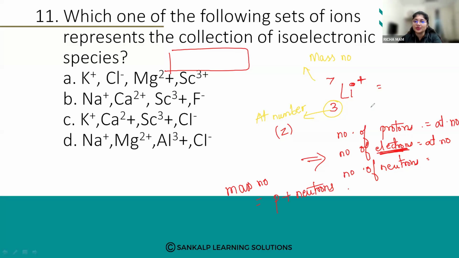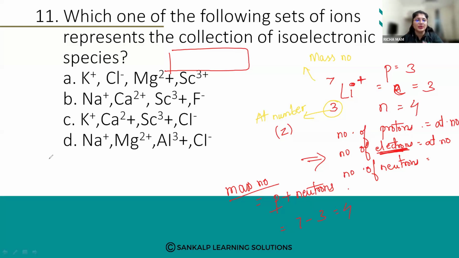The number of electrons is also 3. For neutrons, we have the mass number and the protons, so we subtract: mass number minus protons, that is 7 minus 3, which is 4. So the neutrons are 4.